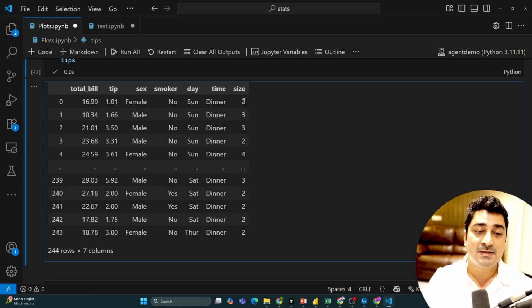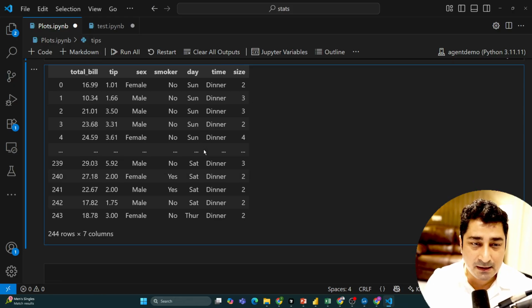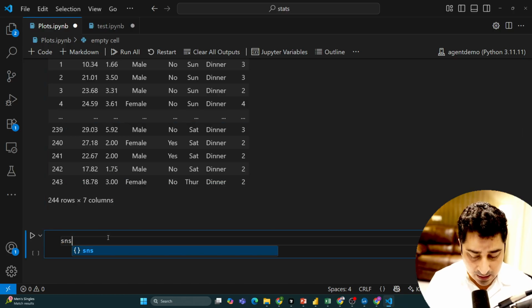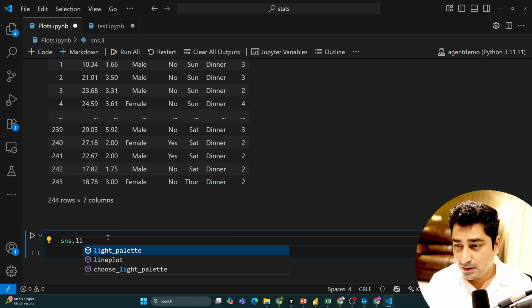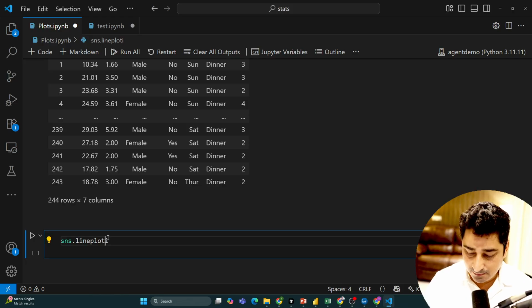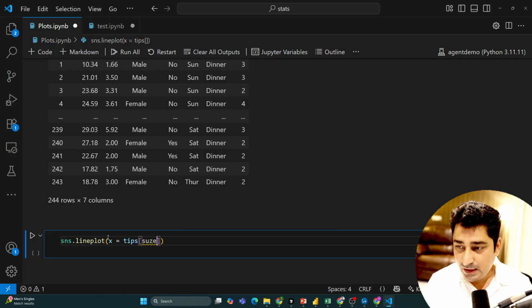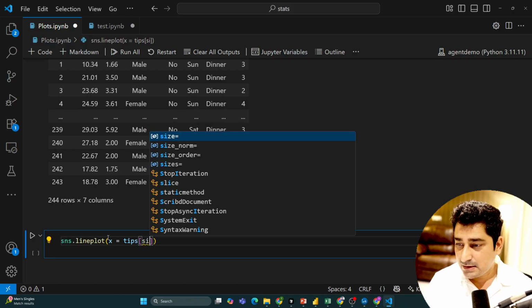So if I have to plot the average tips based on table size, maybe I can use a line graph over here. So simply call SNS dot line plot, and then pass the data. On the x-axis, I'm going to pass tips data of size.